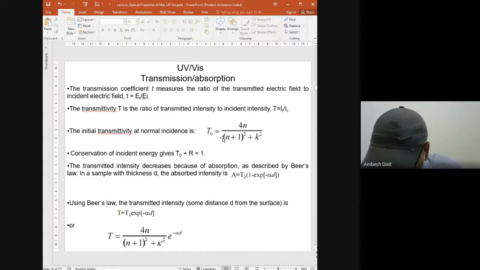When I come to absorptivity, it is an integrated quantity. When I say integrated quantity, then alpha, even though it is a function of lambda, I define over a defined wavelength range. For example, I define absorptivity over the visible light wavelength, lambda equal to 400 nanometer to 800 nanometer.